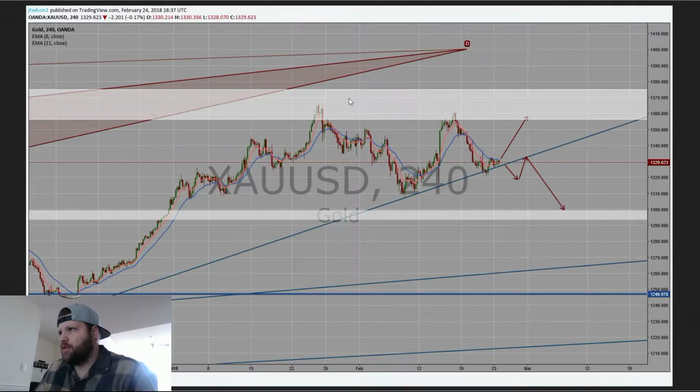Market structure, we have this double top right here, higher low right here, higher low right here. Although if it does break below this, then we could see a lower low, and this could just be like a resting point for this leg. So yeah, that's what we're looking for with XAU USD, or gold.